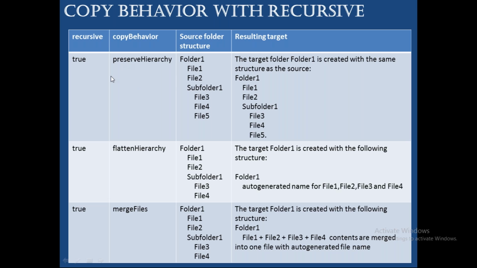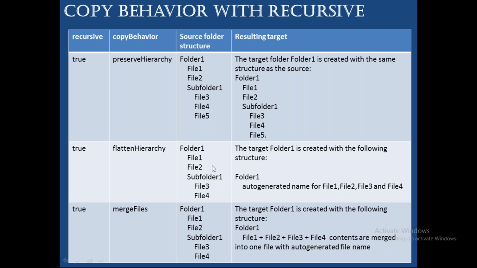If you enable recursive and make copy behavior flatten hierarchy, then what happens is, under folder 1 you have file 1, file 2, and under subfolder 1 you have file 3, file 4. Now under folder 1 you will be able to see file 1, file 2, file 3, file 4. All four files will be there under folder 1.